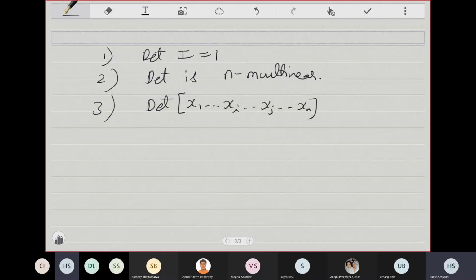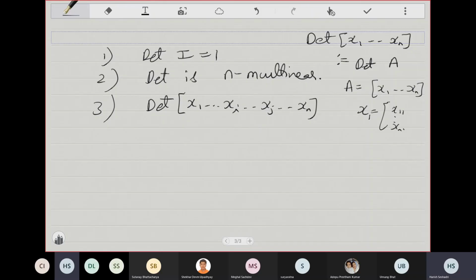Remember, we had introduced this notation, the determinant of x1, ..., xn, where x1, x2, ..., xn are column vectors, is by definition the determinant of the matrix A, where A is x1, x2, ..., xn. x1 is x11, ..., xn1, etc.